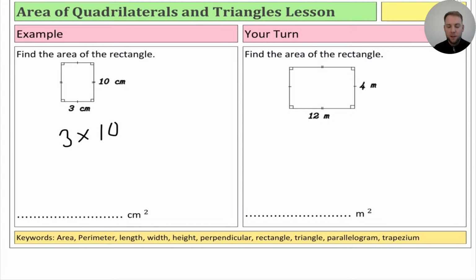Really straightforward. And we know that 3 times by 10, length times by width, the area is 30 centimetres squared. 30 cm². So get that one down in your red book, as example 1.